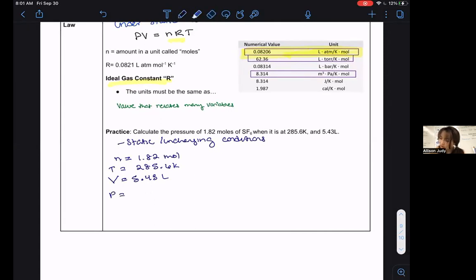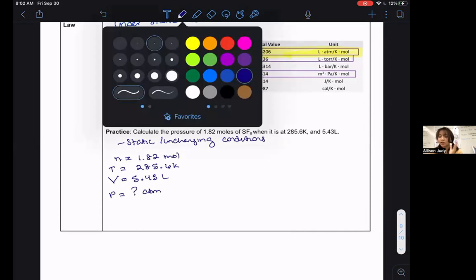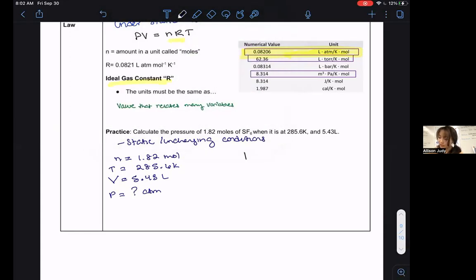So all I hope is that you can say, this is totally where I use the ideal gas law. It's a static relationship, and I'm given 3 out of the 4 factors. So I'm going to plug into my equation, PV equals nRT.